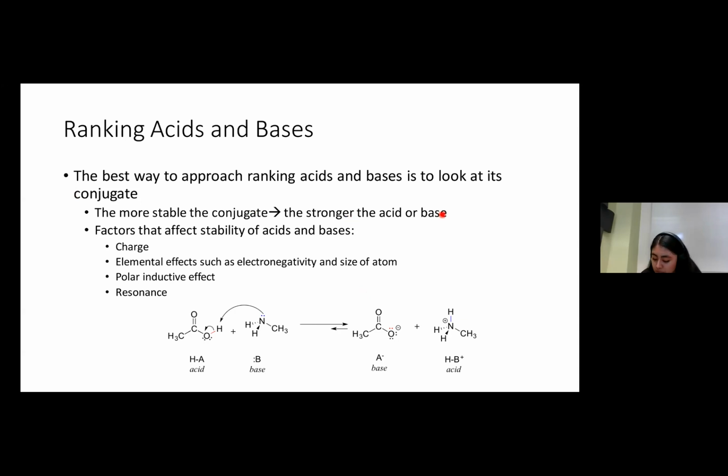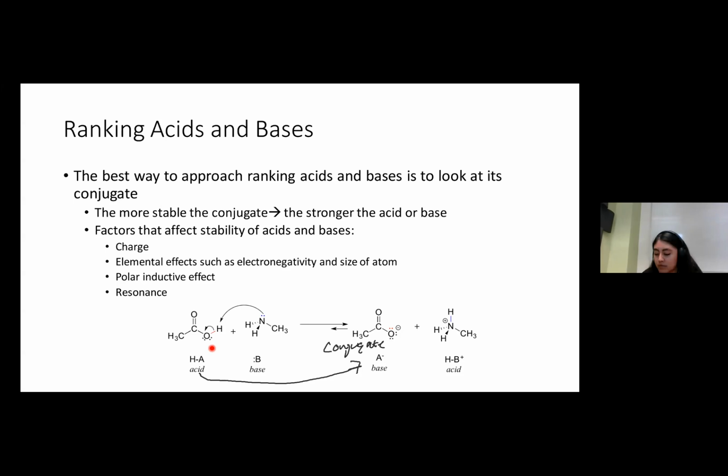What I mean by that is that we looked at this equation at the bottom. We're going to focus on the acid right now. We said that this is the conjugate base right here. Whenever this conjugate base is more stable, let's say we're comparing two different acids, if this base is more stable than the other conjugate base we're looking at, then this acid is the stronger acid.